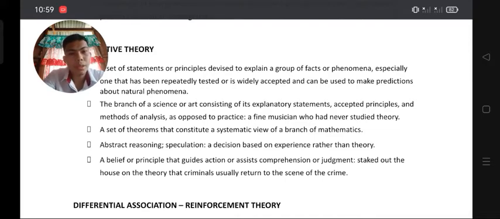A set of theorems that constitute a systematic view of a branch of mathematics. Abstract reasoning, speculation, as in a decision based on experience rather than theory. A belief or principle that guides action or assists comprehension or judgment. Stake out the house on the theory that criminals usually return to the scene of the crime.